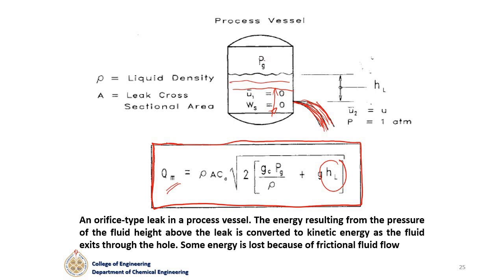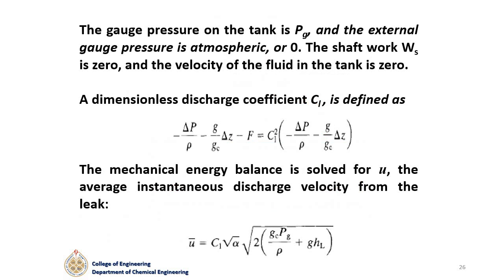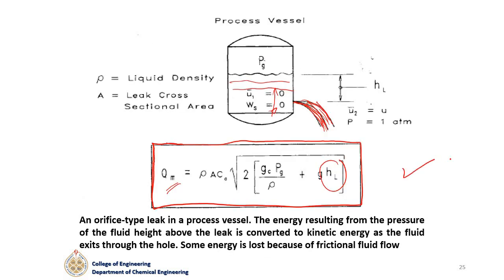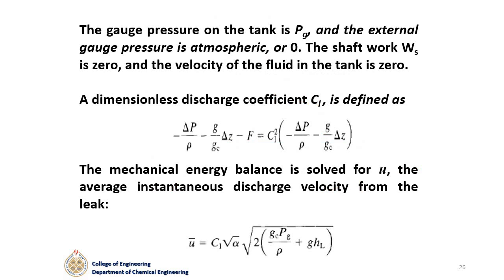Which means I need to do the mass balance for dHL by dt. Did you see here? That is why for a tank it will be different. You need to know this equation, but the question is again, how did you get this equation? This is the derivation. I have the mechanical energy equation, and my velocity is a function of what I have here.